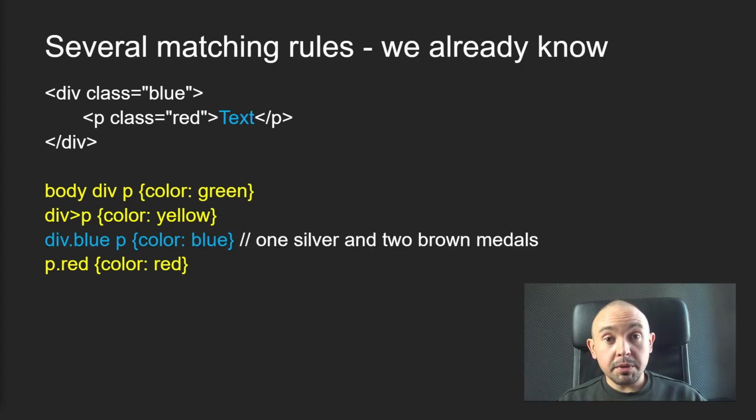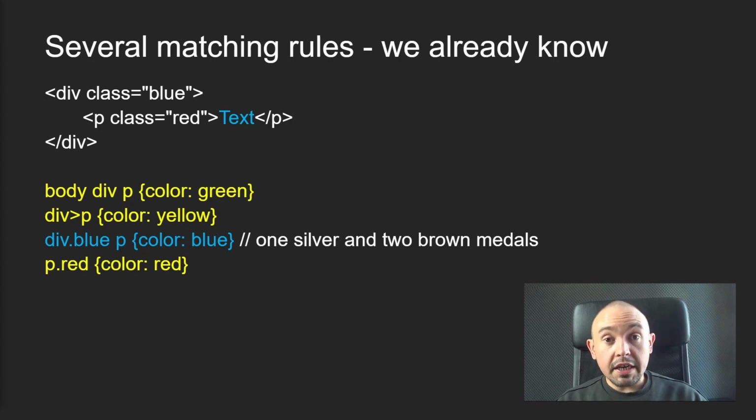The answer will be the third rule. Why? We can just count the medals. As we know, the combinators don't matter, so let's focus on the tags and classes. The first rule, which is body div p, consists of 3 tags, that is 3 bronze medals. The second rule, div p, is 2 tags, so 2 bronze medals.